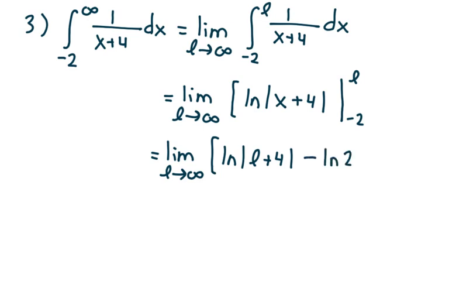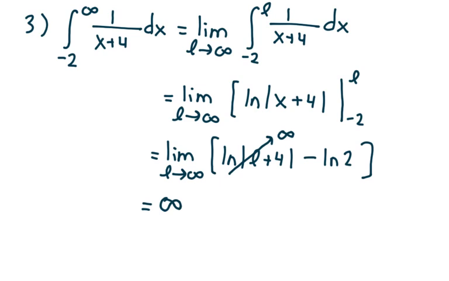So I'm going to subtract off natural log of 2. Now, as L goes to infinity, natural log of L plus 4 will go off to infinity. Okay? And so here the answer is infinity.